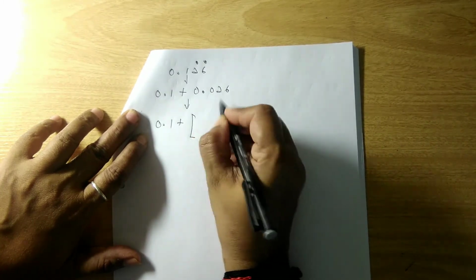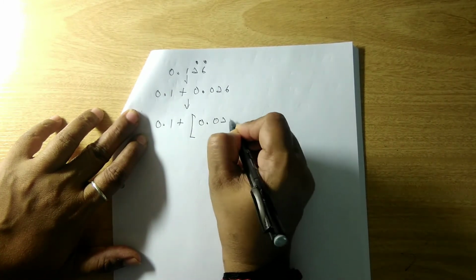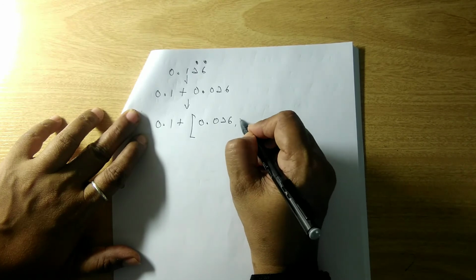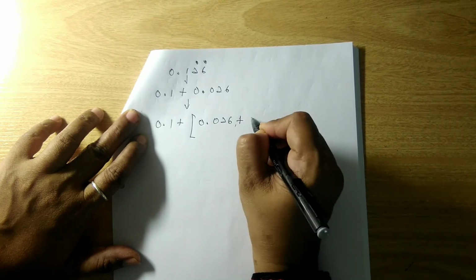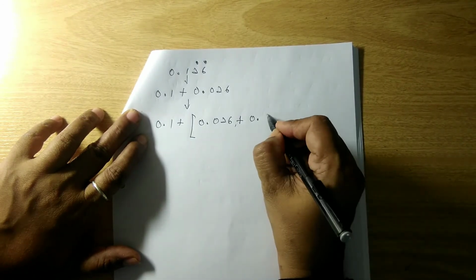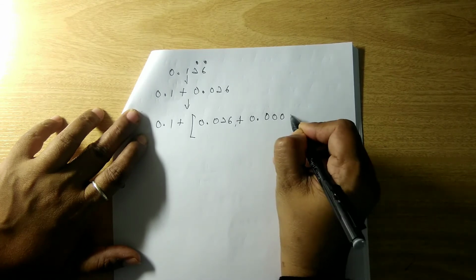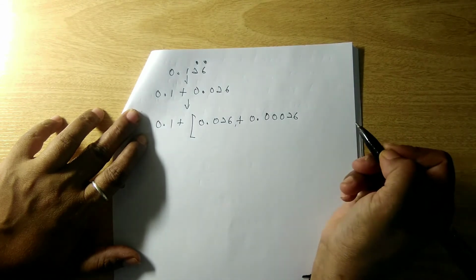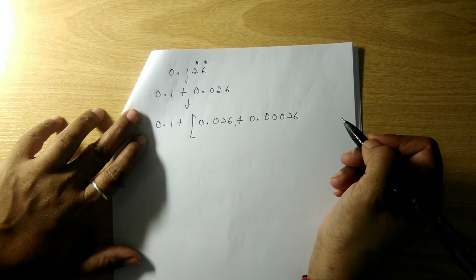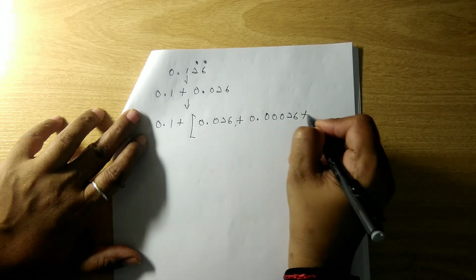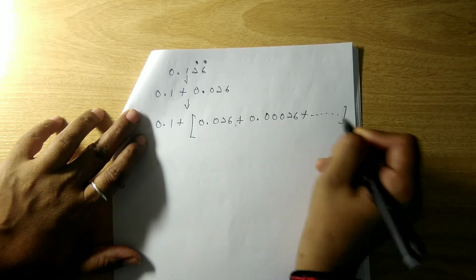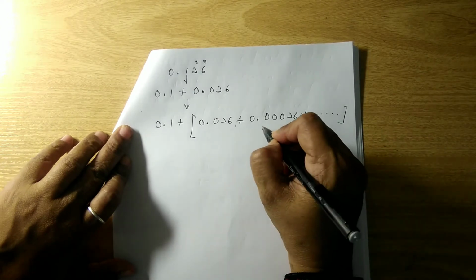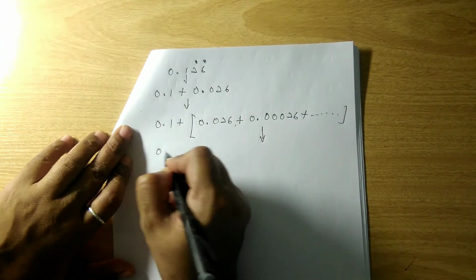Okay, so we will start here, 0.026. Okay, now the next one will be 0.00026. Alright, and so on. Okay, so now for this is still 0.1.